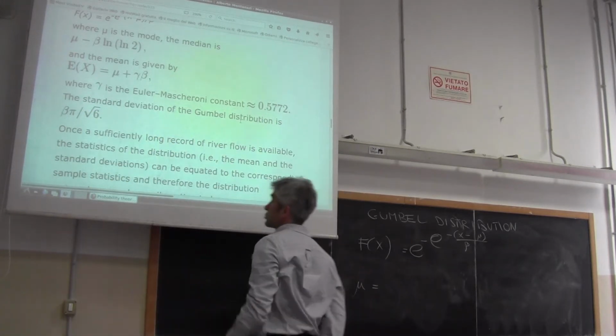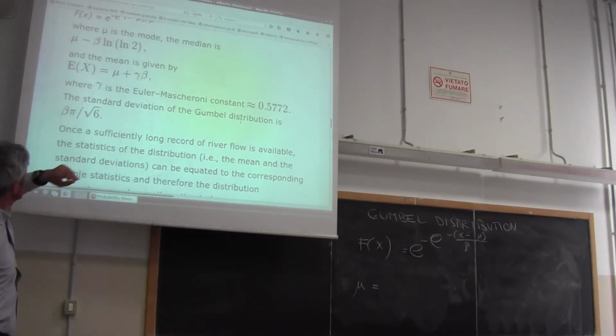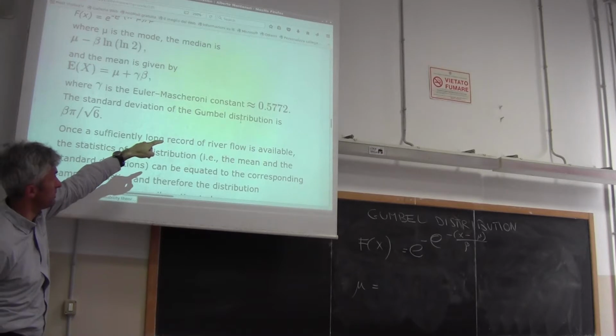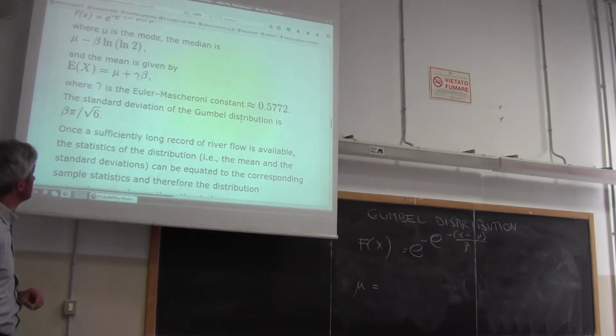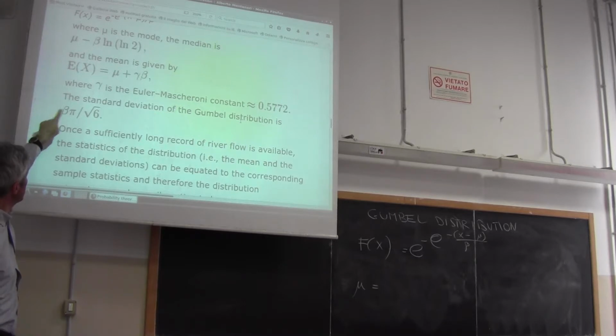So you have a first relationship where you still have two unknowns, which are mu and beta. E of x again is the average of your sample, and gamma is 0.5772. And then you have to look at this relationship here, which says that the standard deviation of the distribution is equal to this value.